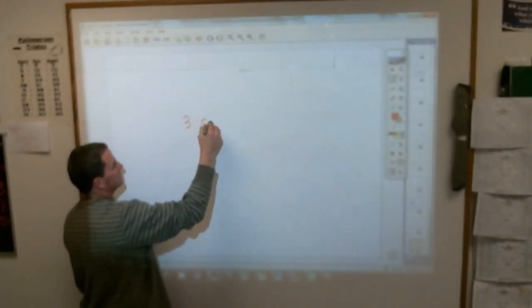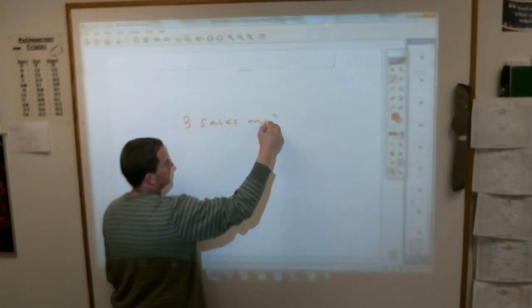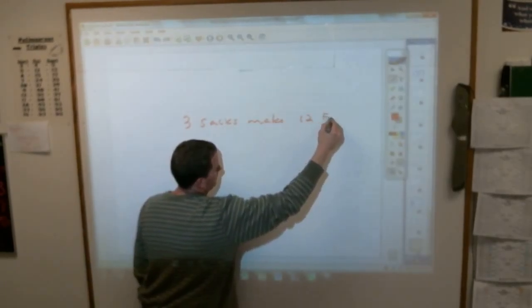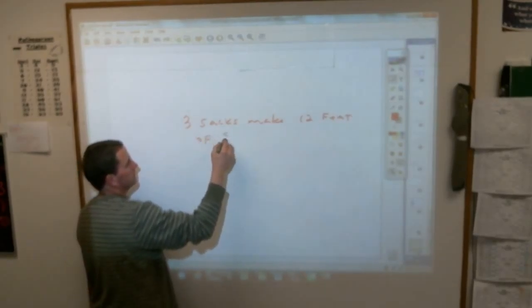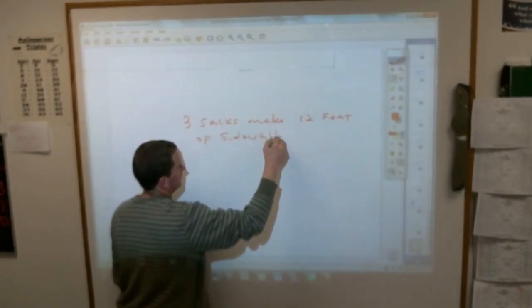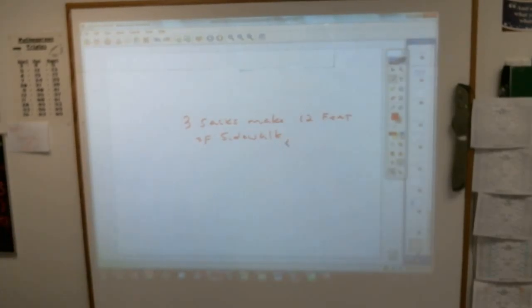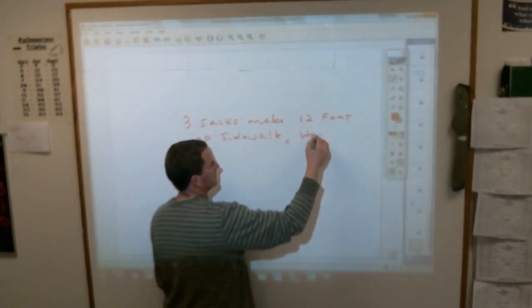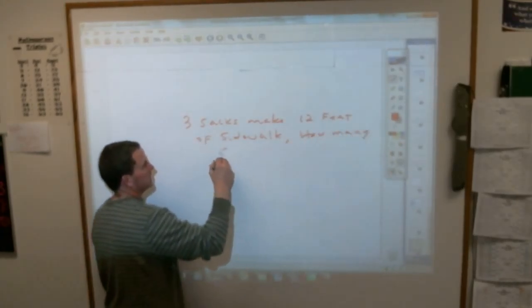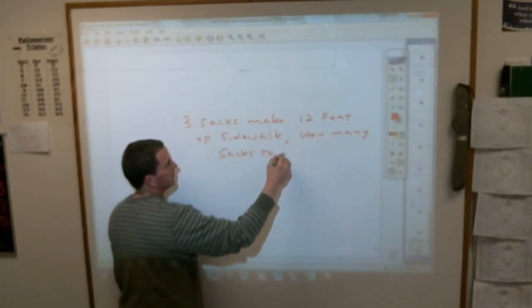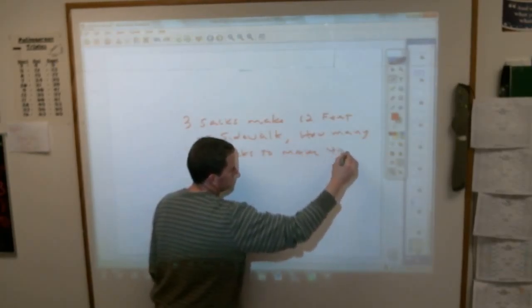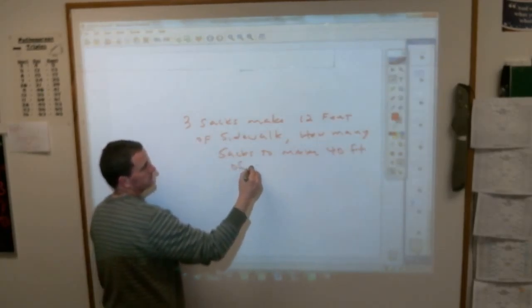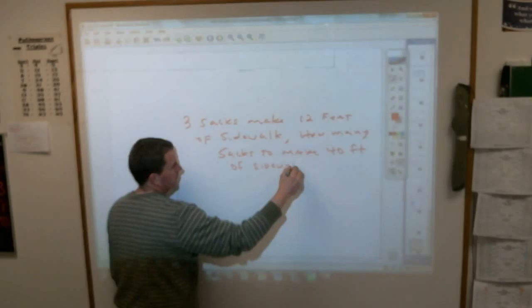If 3 sacks of concrete make 12 feet of sidewalk, how many sacks to make 40 feet of sidewalk?